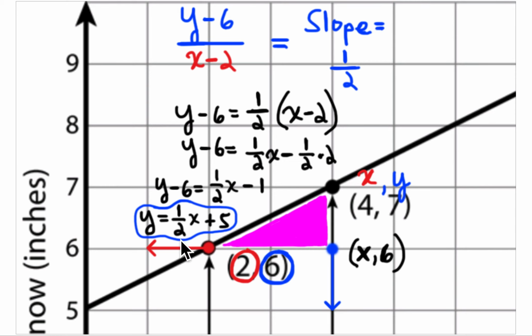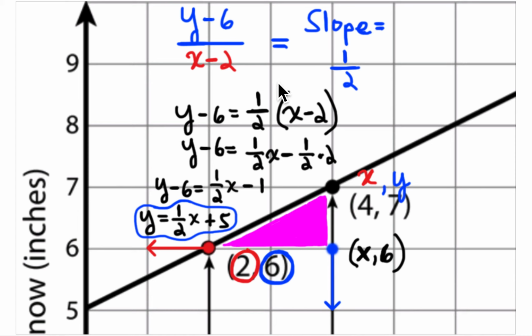That's sliding this triangle over to the y-axis. So x minus 2. So y minus 6 divided by x minus 2, what does that equal? That equals the slope. The vertical change divided by the horizontal change is equal to the slope, 1/2.